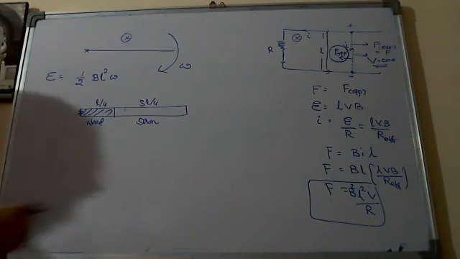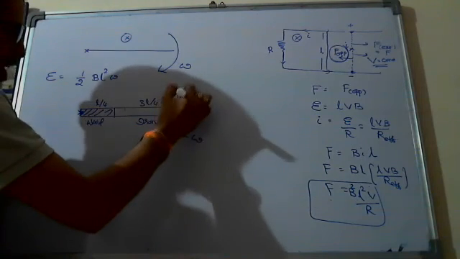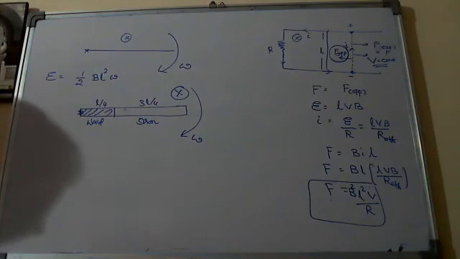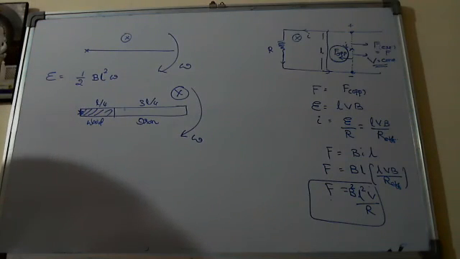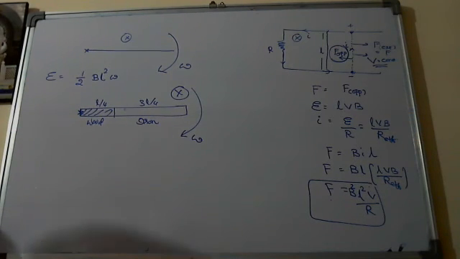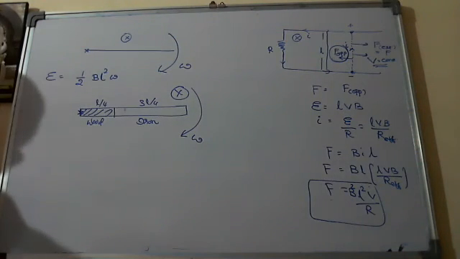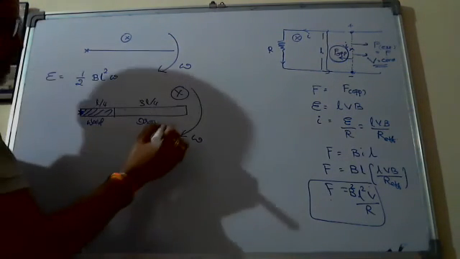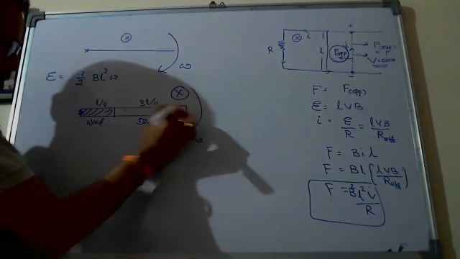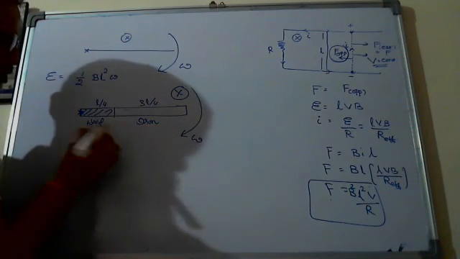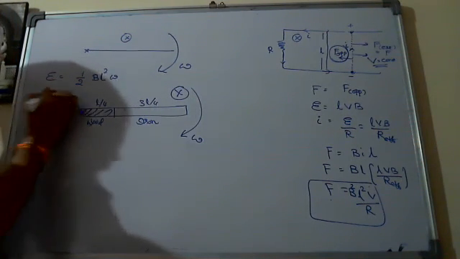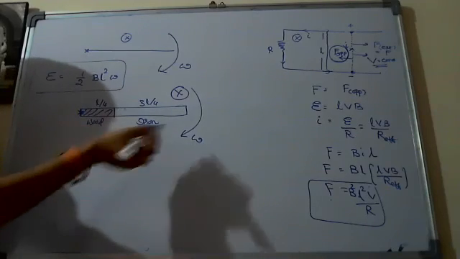What will be the EMF induced while rotating like this in a magnetic field perpendicular to the board? While rotating, if you remember how you derive this part, then it will be very easy to solve that model.